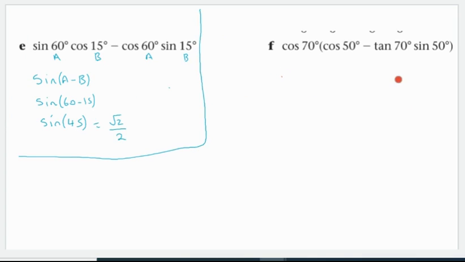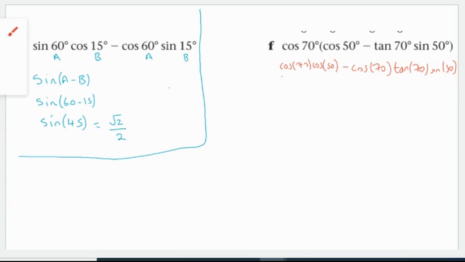Okay, next one. This one looks a little bit different, but it's all good. They tried to throw in a bit of a curveball, but it's okay. So if I expand this, I end up getting cos 70 cos 50 minus cos 70 tan 70 sine 50.